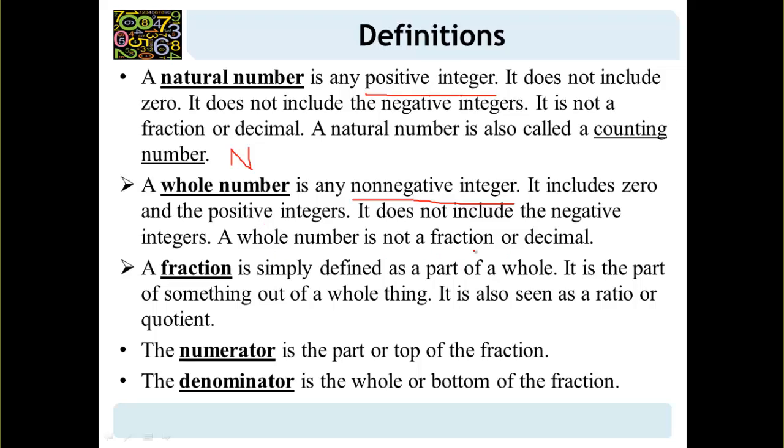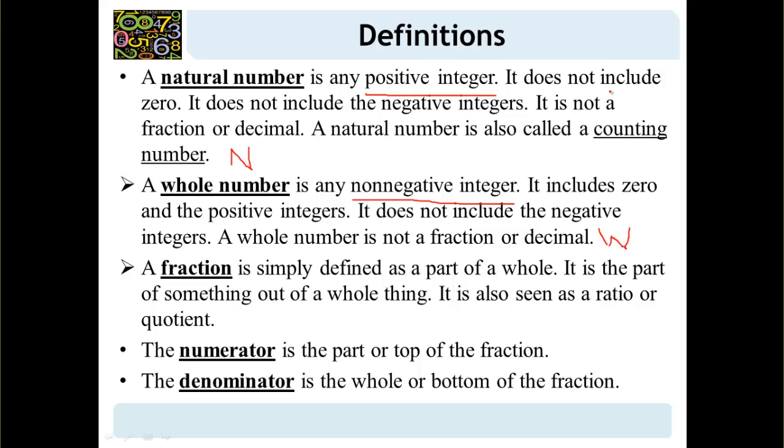A whole number is not a fraction and it's not a decimal. In mathematics, whole numbers are denoted by uppercase W. The next on our list is a fraction. A fraction is simply defined as a part of a whole.